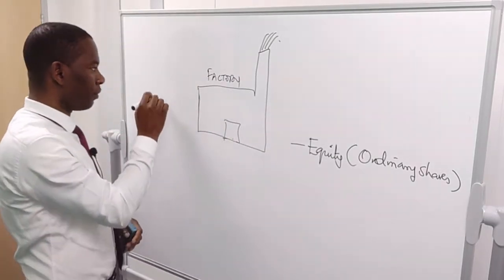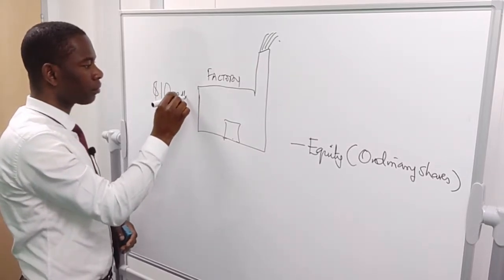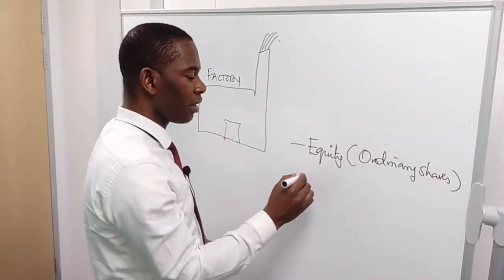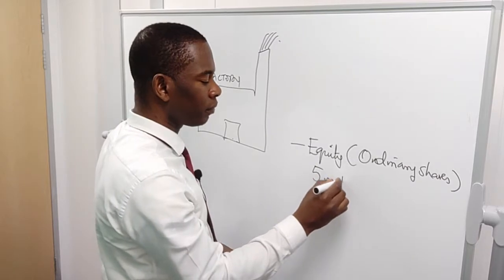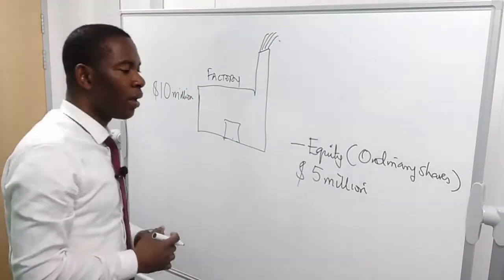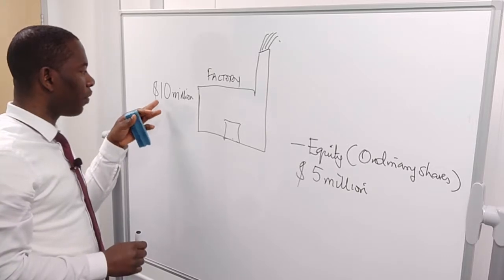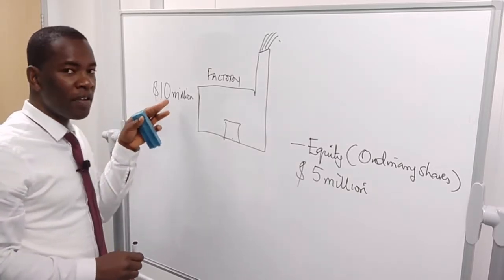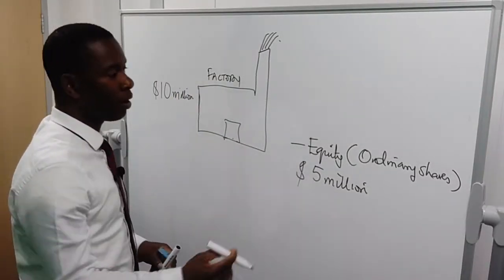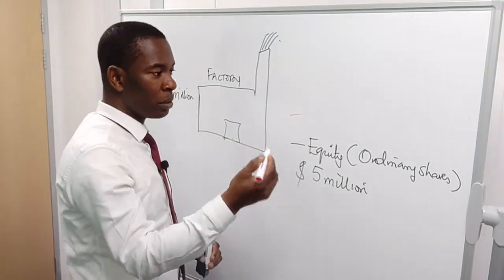So, let's assume this factory is going to cost them $10 million. Now, within themselves, they were able to get $5 million. What they then do for the remaining $5 million is that they have different options.